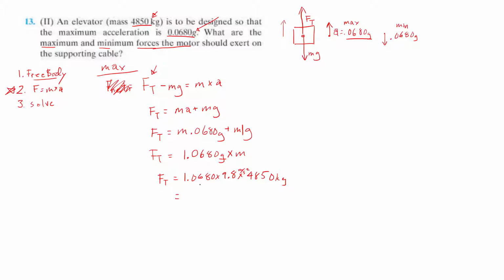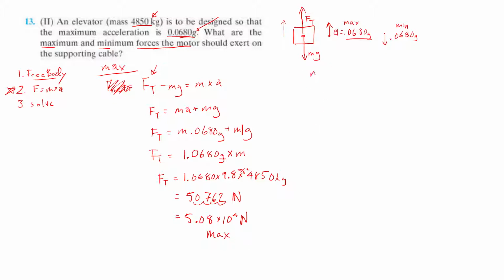If you punch in all that math, I got 50762 newtons. That's not sig figs. We're given basically 3 digits, so I got to reduce it down to 3 digits, equals 5.08 times 10 to the 4th newtons. Good, so this is our max force.